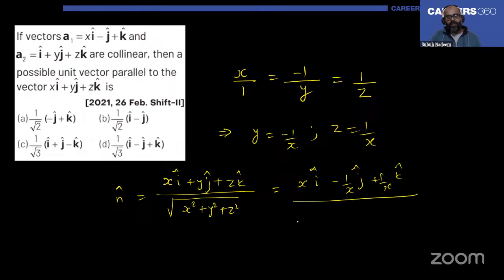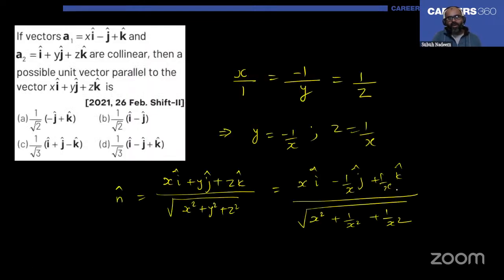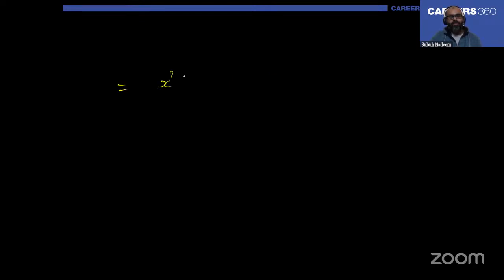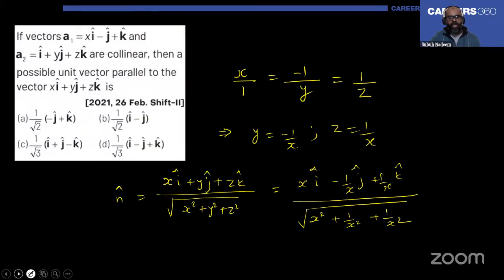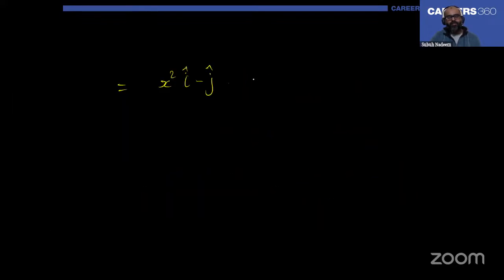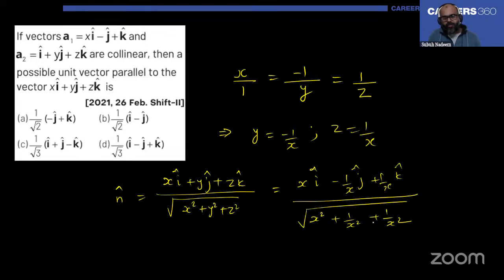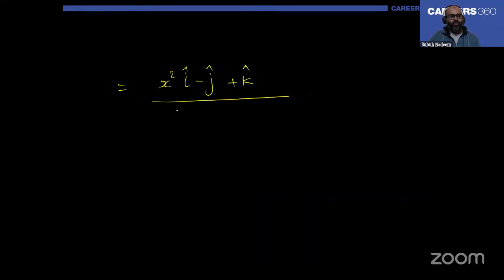And this is k cap by root over x square, this will be 1 by x square and this will also be 1 by x square. So from here, if we take the LCM in the numerator, x square i cap minus j cap plus k cap upon, here it will be x to the power 4 plus 1, that is 2.